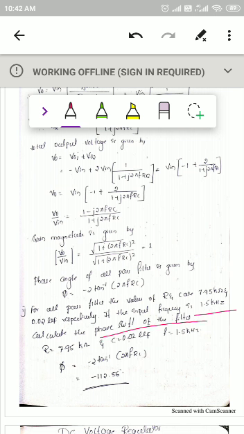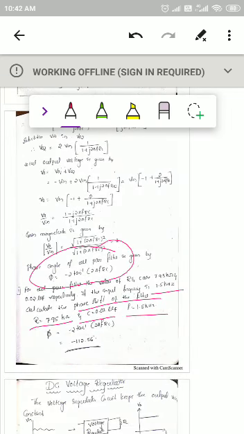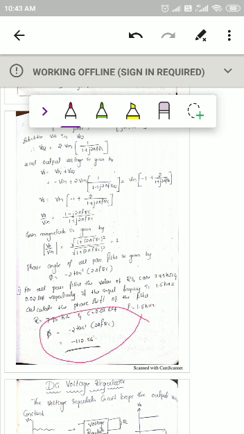Here the R value is given, C value is given, and f value is given. The phase angle equation is minus 2 tan inverse of 2 pi fRc. Just substitute all the values and calculate the phase angle of the filter.